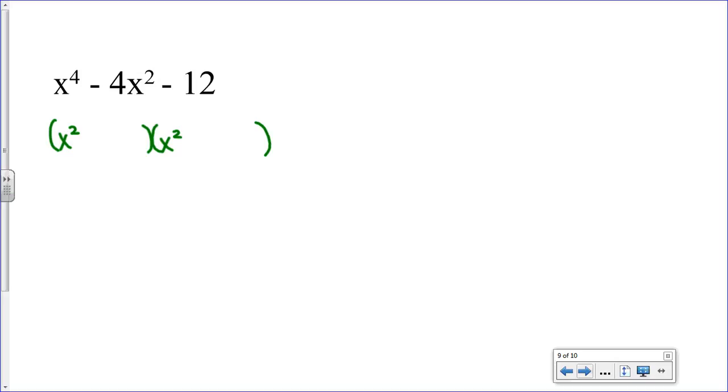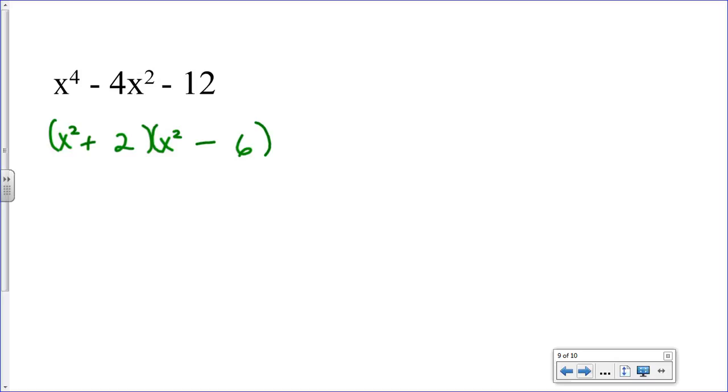Okay, so what factors of 12 am I thinking I want to use? Yeah, 2 and 6, because I see a 4. It's a negative 12, so I need one positive, one negative. I want them to add to be a negative 4, so which one do I think needs to be negative? Negative 6 and positive 2. Are either one of these a difference of squares?